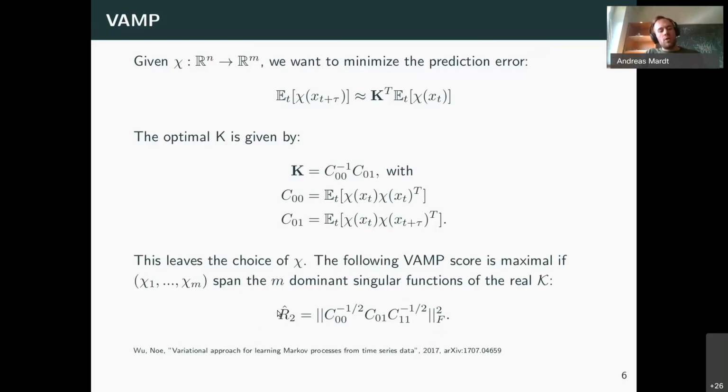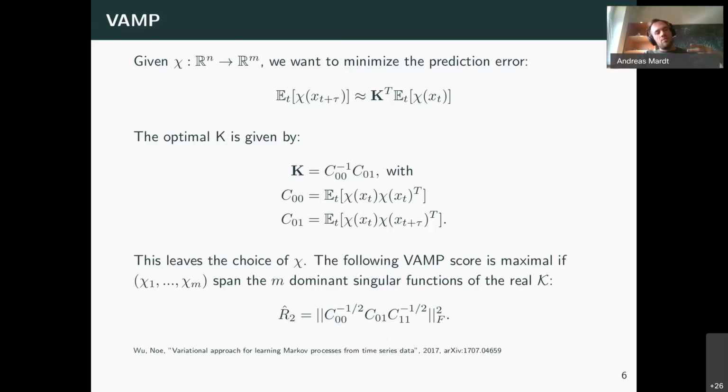And for neural networks, we just need to be able to calculate gradients with respect to chi. And this is the case for this loss. So now you can easily see how we are connecting these two things, VAMP and neural networks, which we call VAMPNets. We have these neural networks.